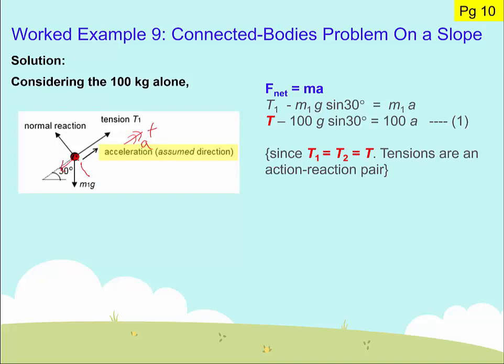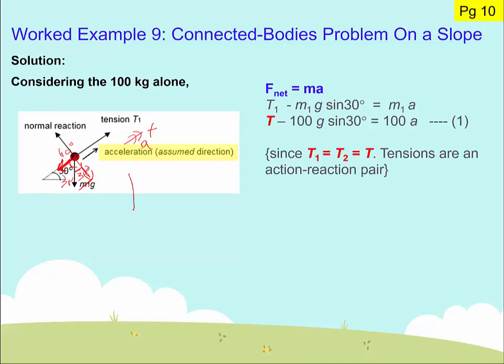So mg can be broken into these two components. So the component that I'm interested in is this one, because it's along the direction of the acceleration. How do I find this number, right? So I can see that this is 30 degrees, so this must be 60 degrees. And so this must be 30 degrees.